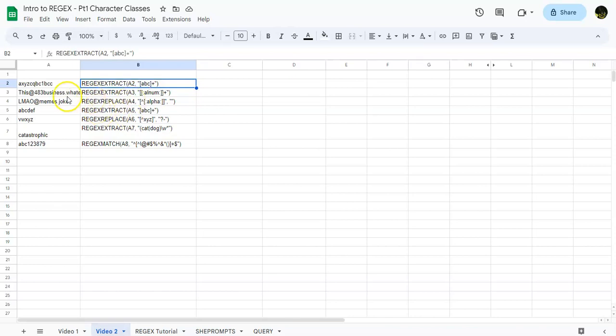So in this case, we have AXY, whatever it is. Let's go ahead and we'll see that this will pull up the A in this case, right? Because A is one or more, but there's nothing else besides XYZ, and XYZ are not in the list here.